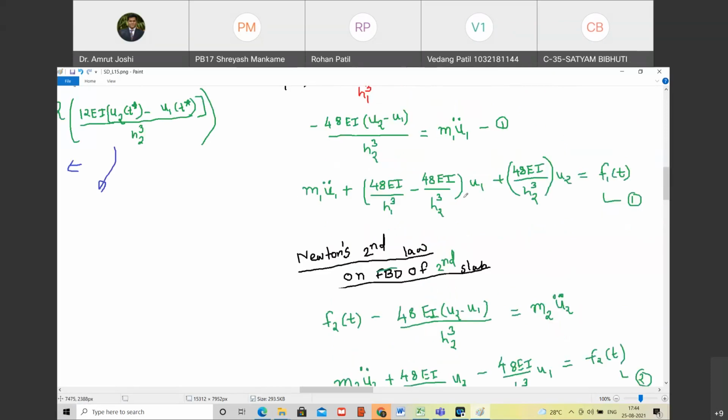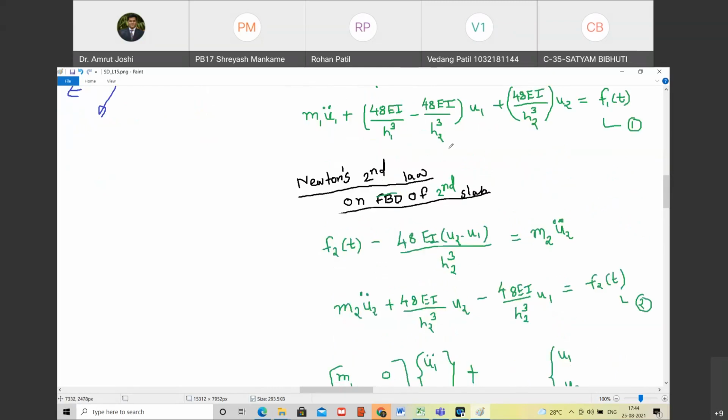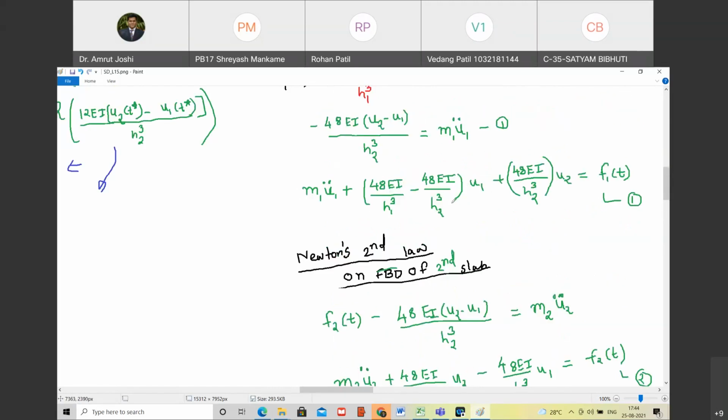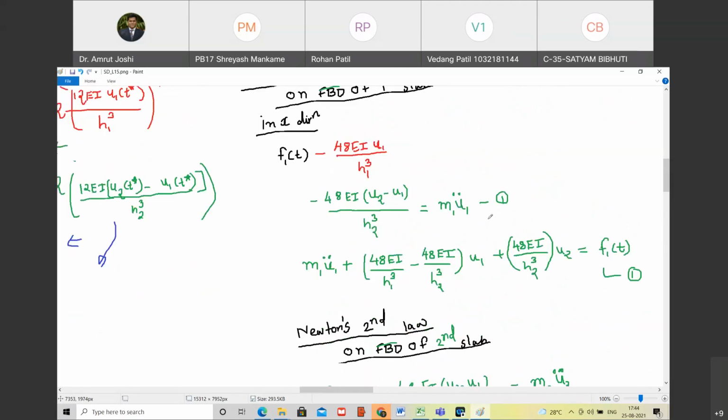Look at the first equation. What is the coefficient of U1 and what is the coefficient of U2 in the first and second equation? Look. Is something wrong here? No, that's all right.